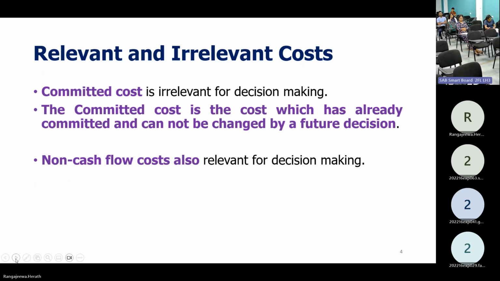Like, we have come into an agreement to get an insurance of this material. Insurance cost per unit is 1 rupee.